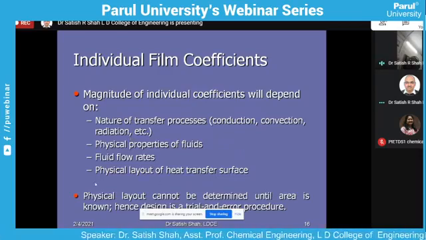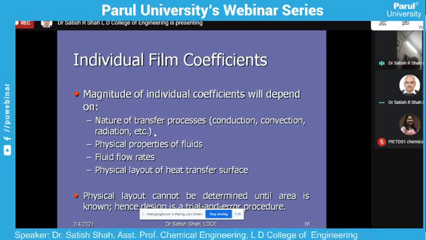Now this individual coefficient depends on what you are already studying: conduction, convection, radiation, everything. Then second is the physical property of the fluid, because I told you that when you want to calculate Q, you have to calculate m Cp delta T. So Cp is the specific heat of the fluid.